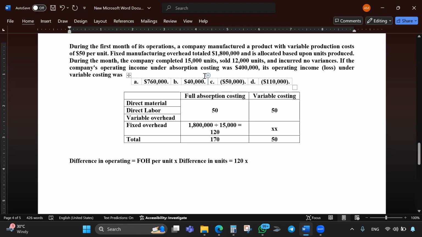And the difference in units between what we have produced, the 15,000, and what we have sold, the 12,000, is 3,000 units.